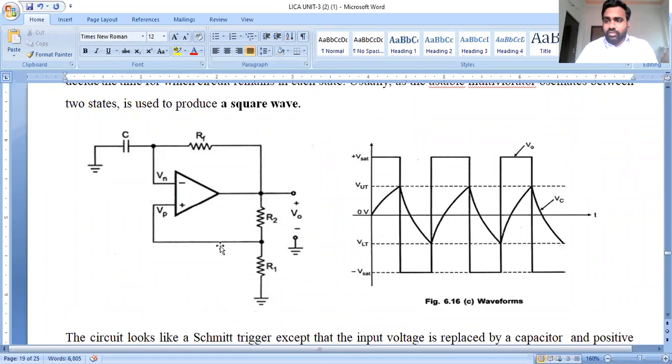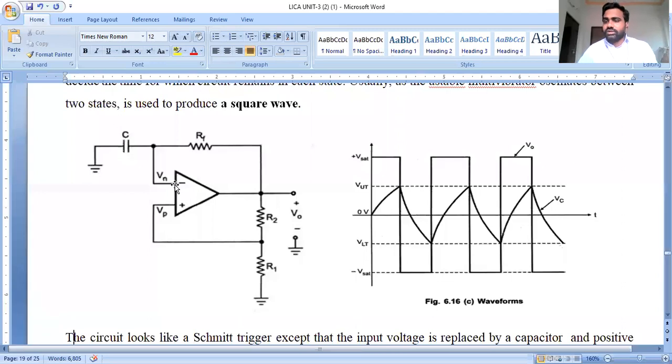But in this application we are using a negative feedback RC circuit, and this RC circuit takes the output from the operational amplifier and feeds it as an input to the inverting terminal of the operational amplifier.